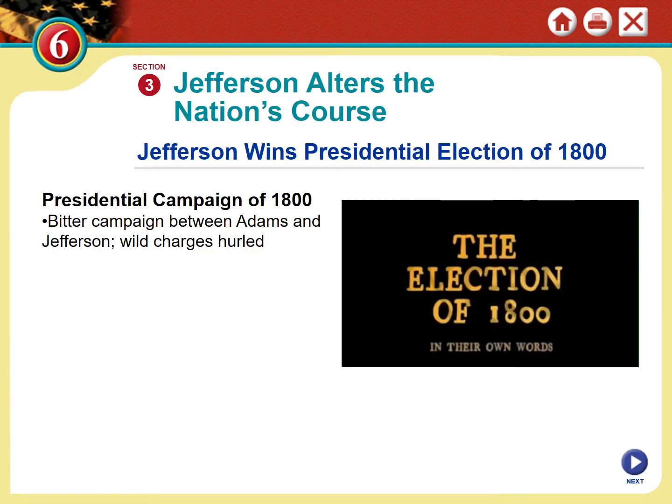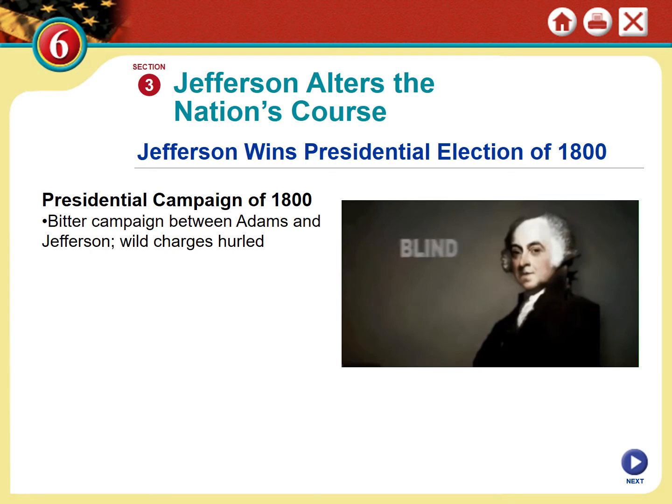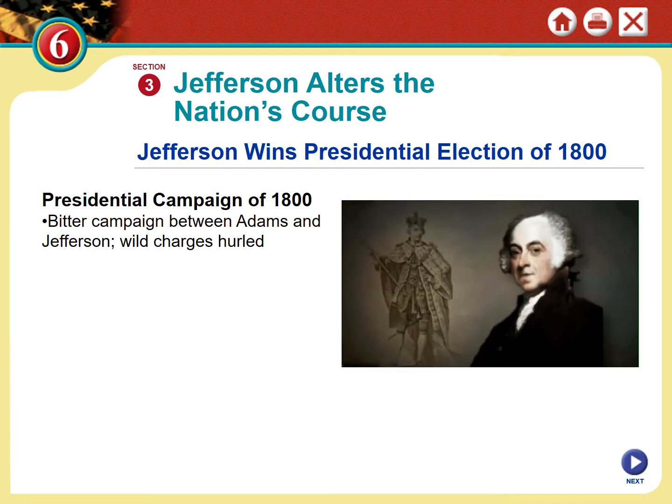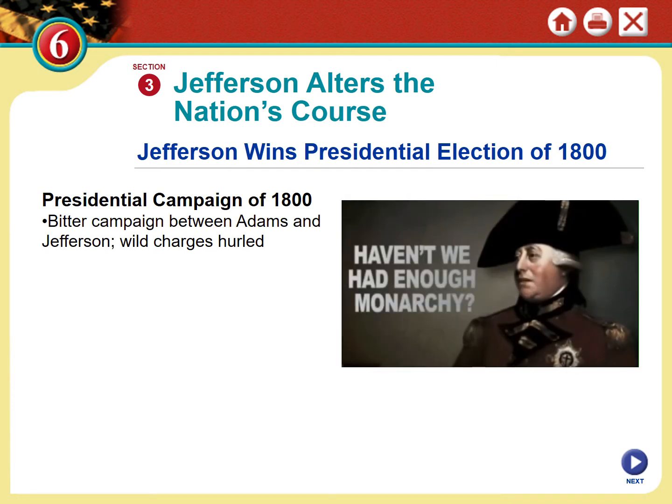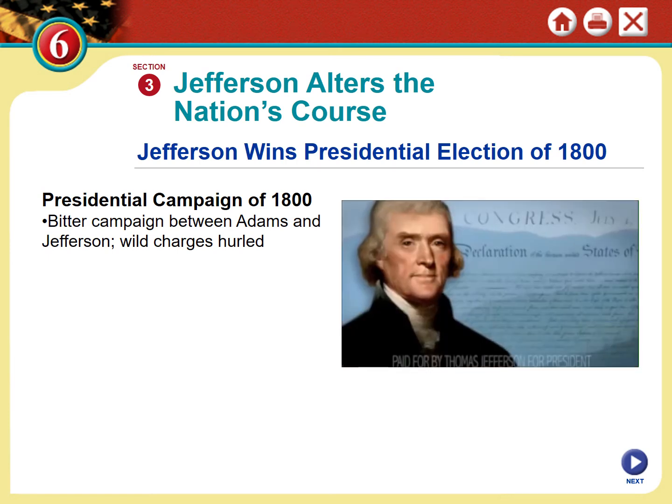John Adams is a blind, bald, crippled, toothless man who wants to start a war with France. While he's not busy importing mistresses from Europe, he's trying to marry one of his sons to a daughter of King George. Haven't we had enough monarchy? I'm Thomas Jefferson. I approve this message because John Adams is a hideous, hermaphroditical character, neither the force and firmness of a man nor the gentleness and sensibility of a woman.